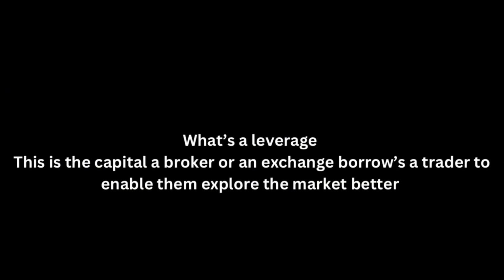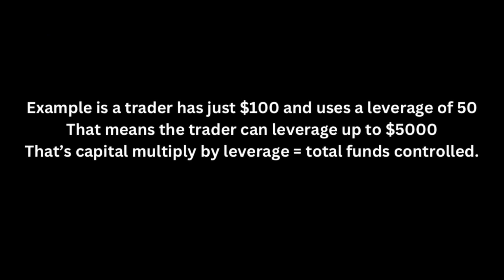This is the capital a broker or an exchange lends the trader to enable them explore the market. Let's take an example. If a trader just has $100 and wants to use a leverage of 50, that means the trader can leverage up to what? 5,000.